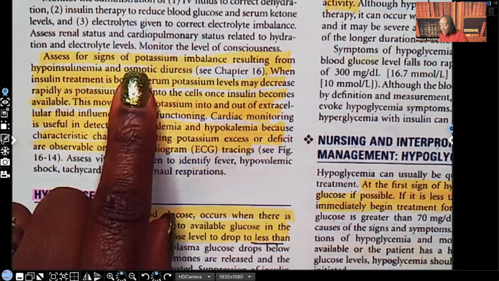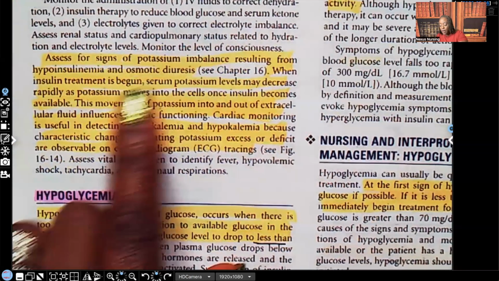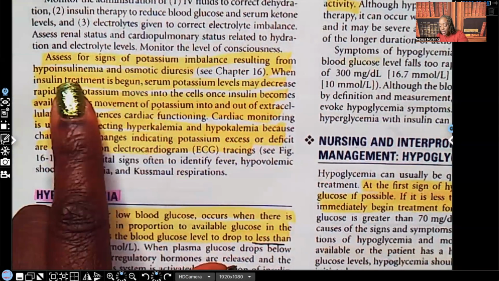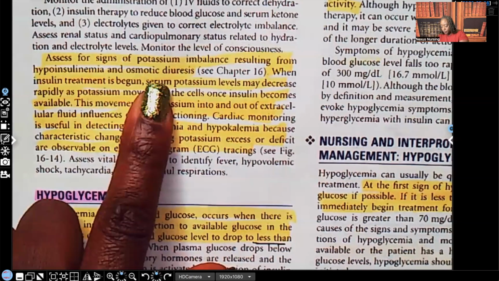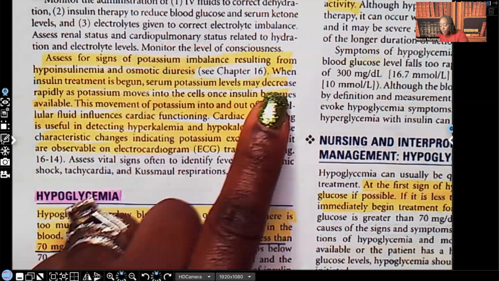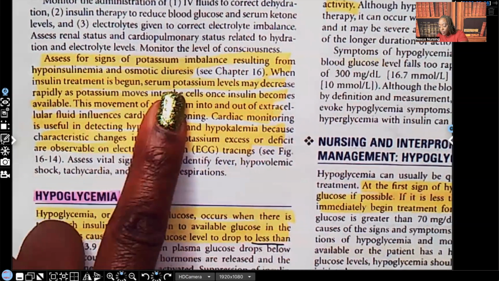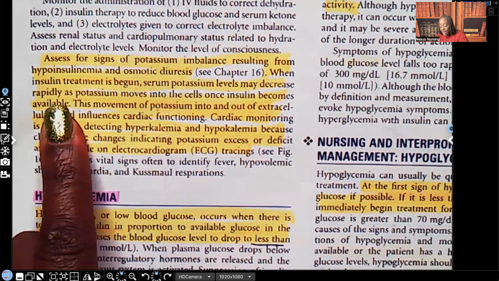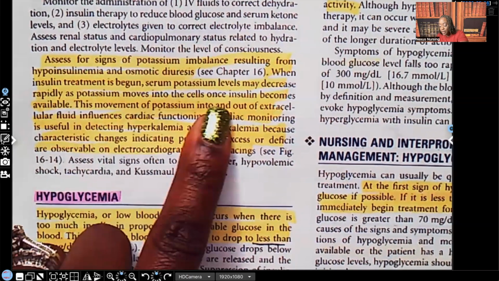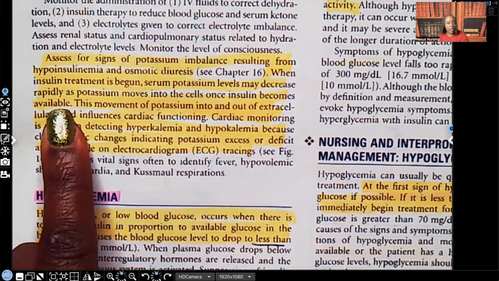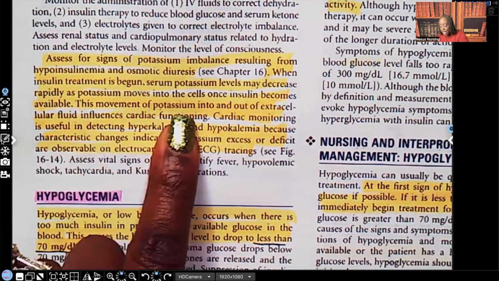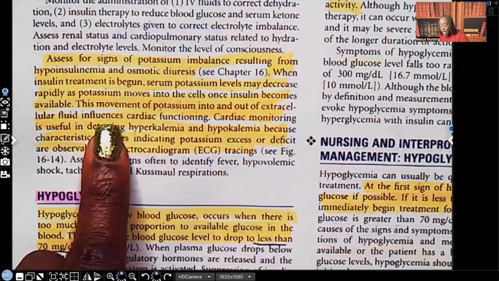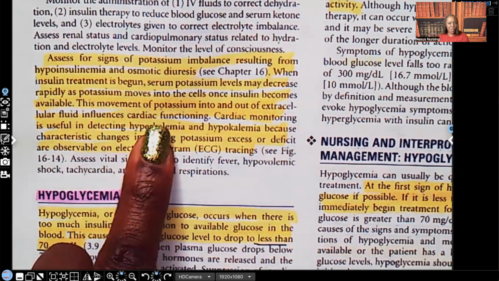You will assess for signs of potassium imbalance resulting from hypoinsulinemia and osmotic diuresis. When insulin treatment's begun, serum potassium levels may decrease rapidly as the potassium moves into the cell once insulin becomes available. We know this. They said this to us a million times. This movement of potassium into and out of extracellular fluids influences cardiac functioning. And you know that.